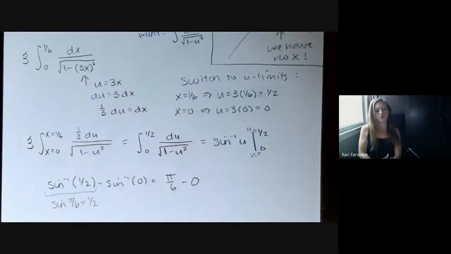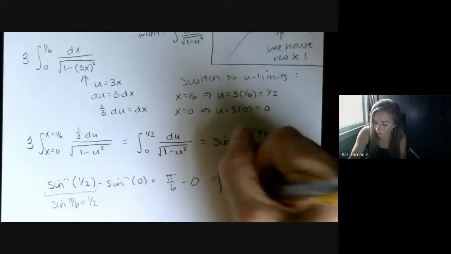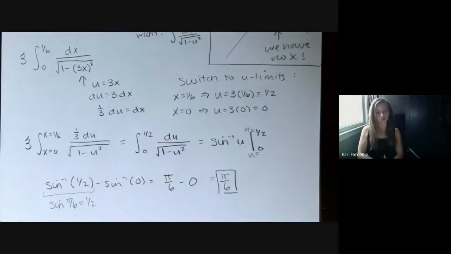Remember, with inverse trig functions, you're not looking for 2 different places where that occurs. The inverse trig function for sine, if it's positive, is always defined to be in quadrant 1. So your value for the integral is pi over 6. Questions on number 20?